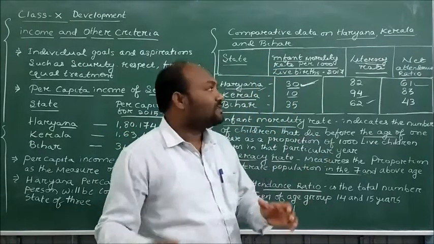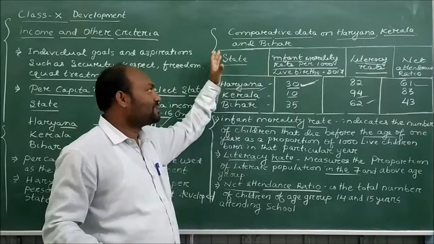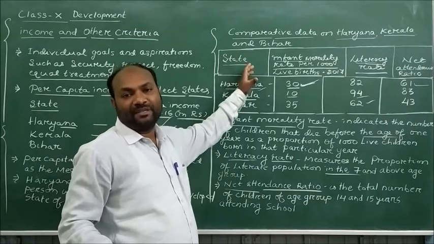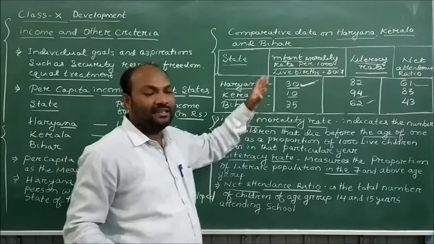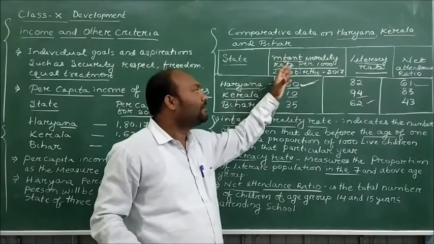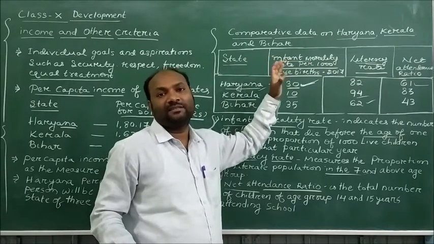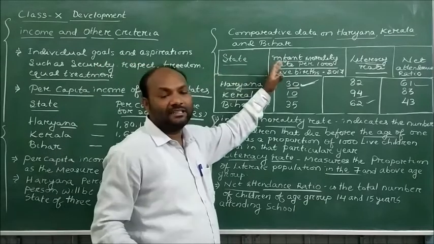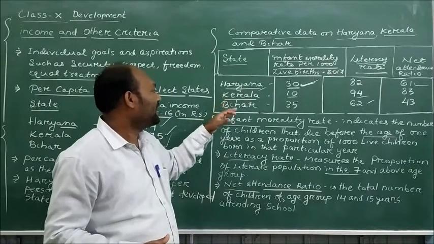Then children, we have other data and information available here, and according to this information we are going to take three criteria: the infant mortality rate, the literacy rate and the net attendance ratio. We take these three criteria to measure the development of Haryana, Kerala and Bihar.